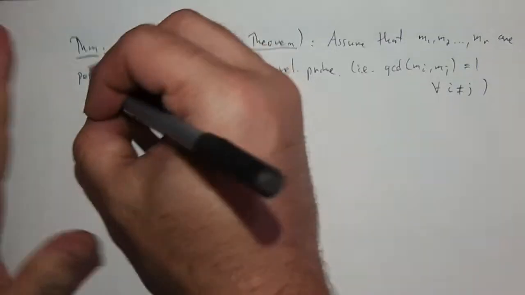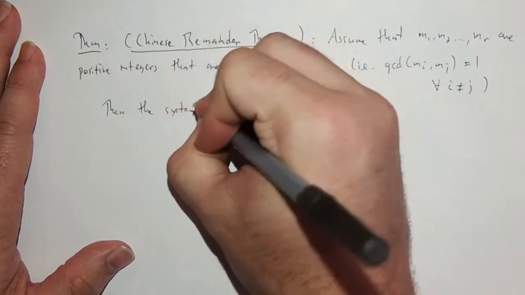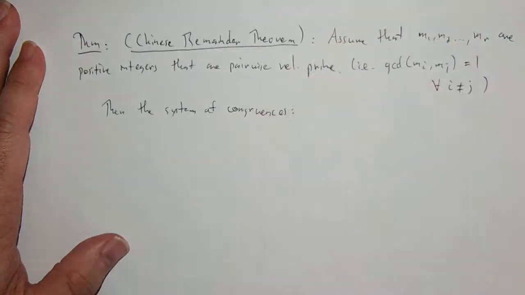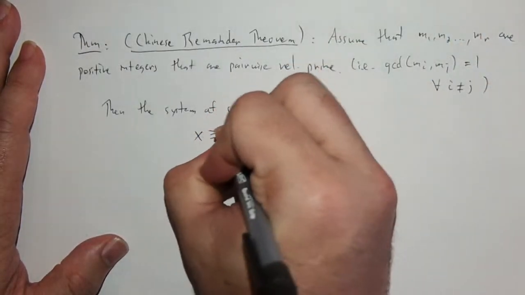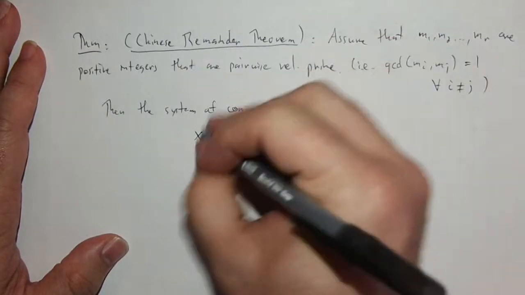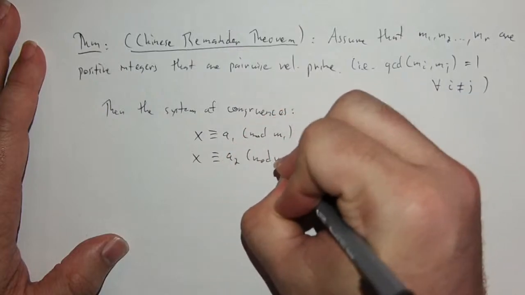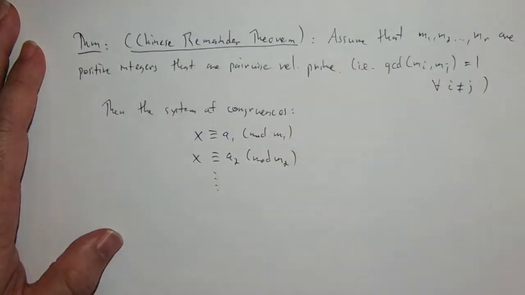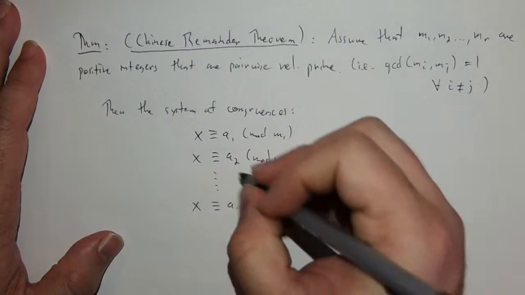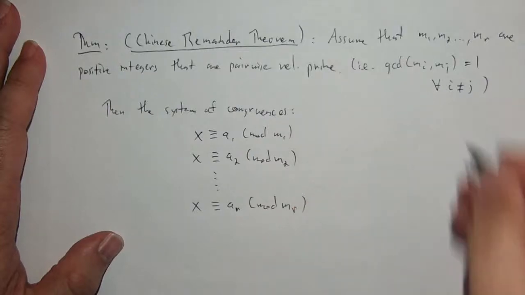Okay. Then the system of congruences, which is x is congruent to a sub 1 mod m sub 1, x is congruent to a sub 2 mod m sub 2, and so on, all the way to x is congruent to a sub r mod m sub r.